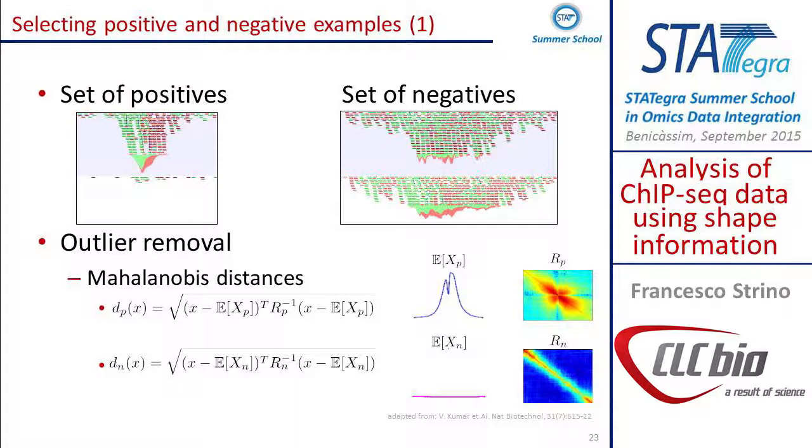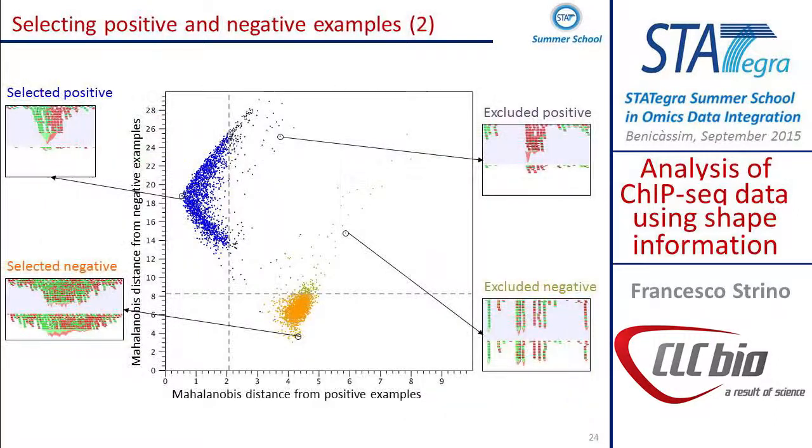And at the same time we can check the distance between the shape and a cluster of shapes. So that's a nice thing about using Mahalanobis. What we do is we calculate the Mahalanobis distance between any shape and all the positives, and between shapes that are negatives and all the negatives. And what we find is that things that are very far apart we remove.